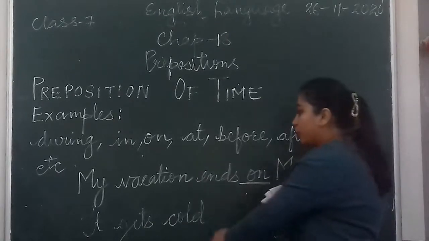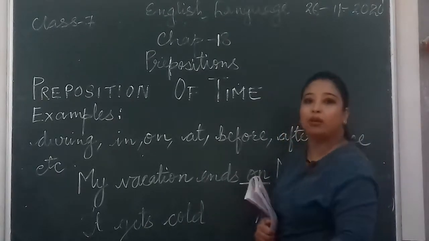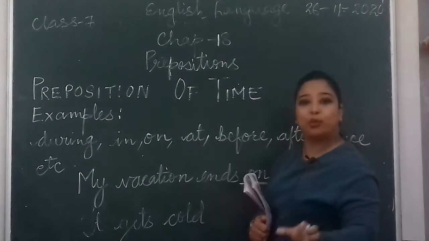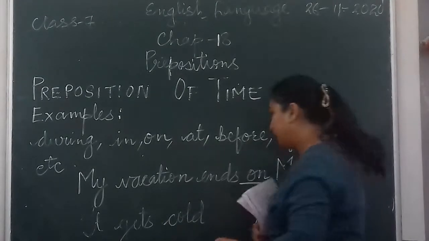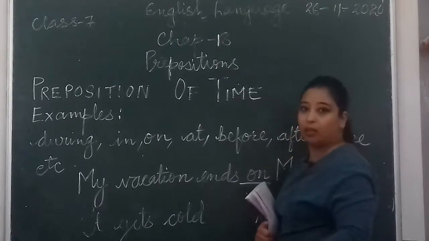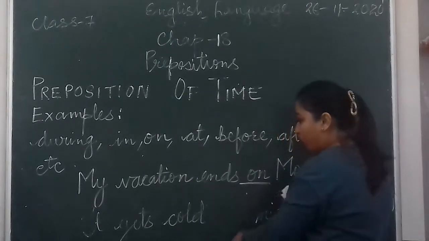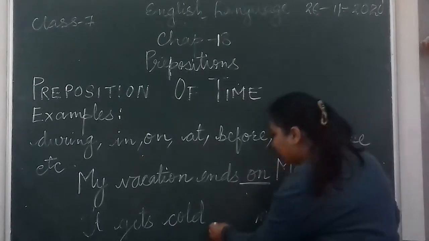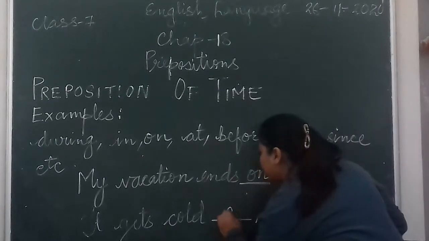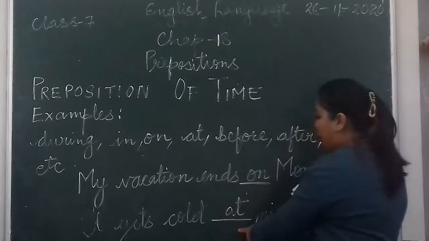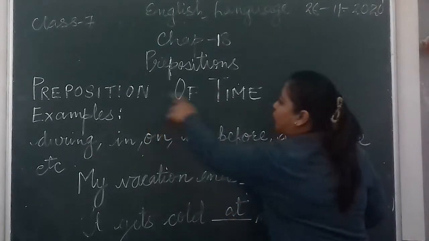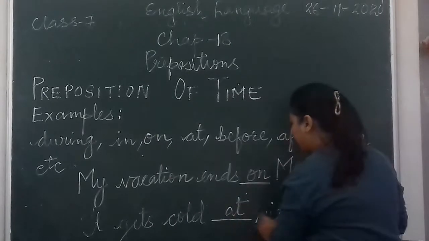So in order to understand the meaning of this sentence, a preposition acts as a linker. It establishes a relation between two words, that is, cold and night. At what time? At night. And it is known as the preposition of time.